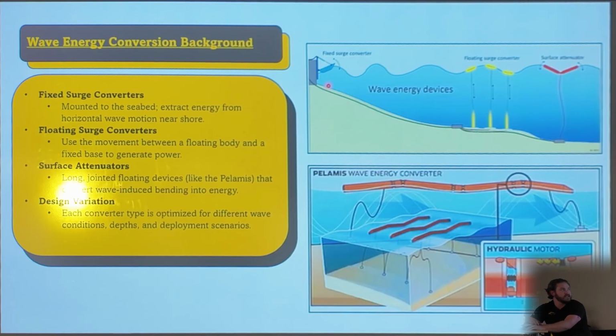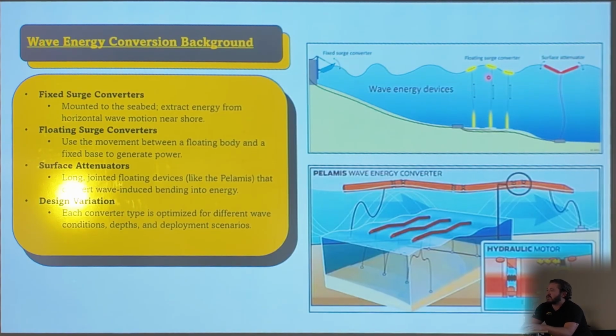These are fixed to a wall or a breakwater or something like that, and they move up and down with the wave motion. Then you have floating surge converters here that go up and down with the waves. And then you have surface attenuation devices like this, which is what I took my inspiration from, more specifically the Pelamis wave energy converter.